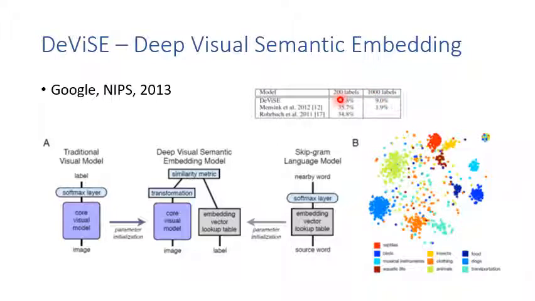So you can use 200 to train, and then successfully, we should not say 10% is successful, but it has at least the highest accuracy on a large scale on the same data set, higher than other models. This is DeViSE, Deep Visual Semantic Embedding.